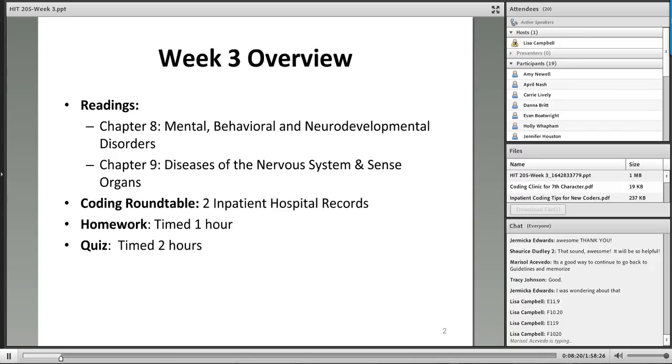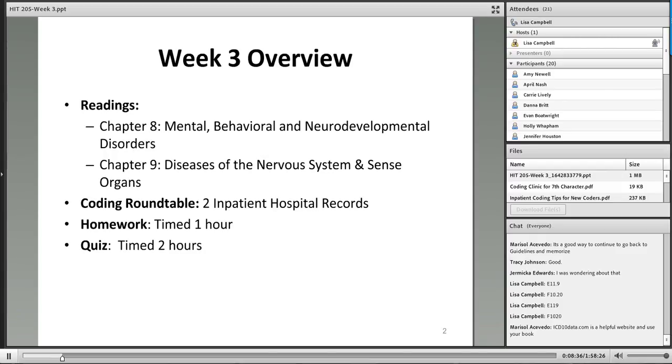Also, if you are utilizing the encoder for your quizzes, you need to be very careful. Use your book as a backup for 2 reasons. 1, if you're using the code finder, the encoder does not give you the decimal point.